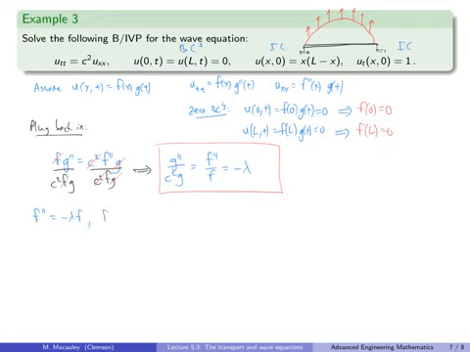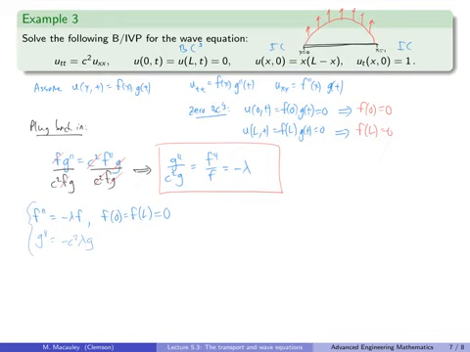So we have f of 0 equals f of L equals 0. And this is a Sturm-Liouville equation. It's a boundary value problem. And now we have g double prime equals negative c squared lambda g.